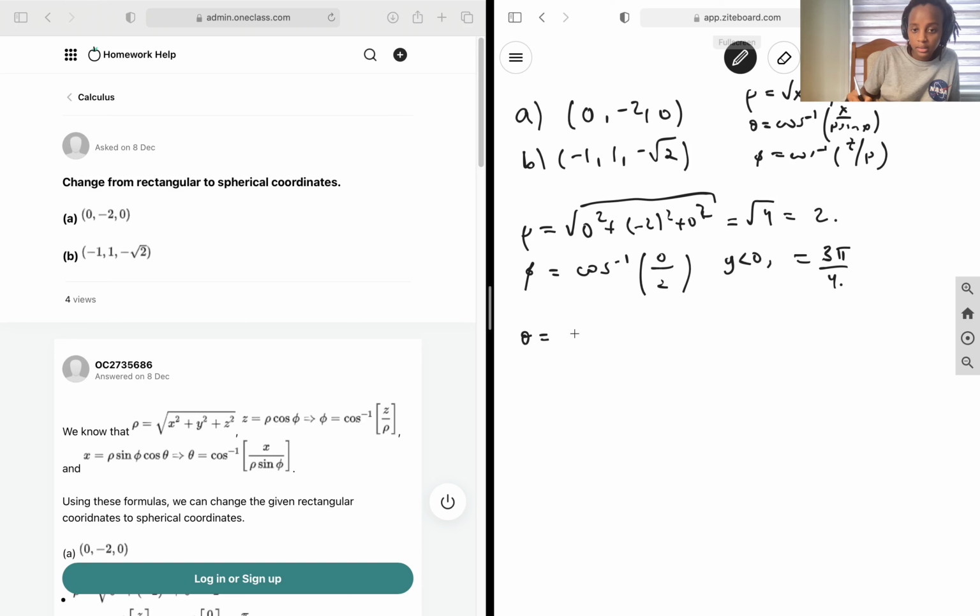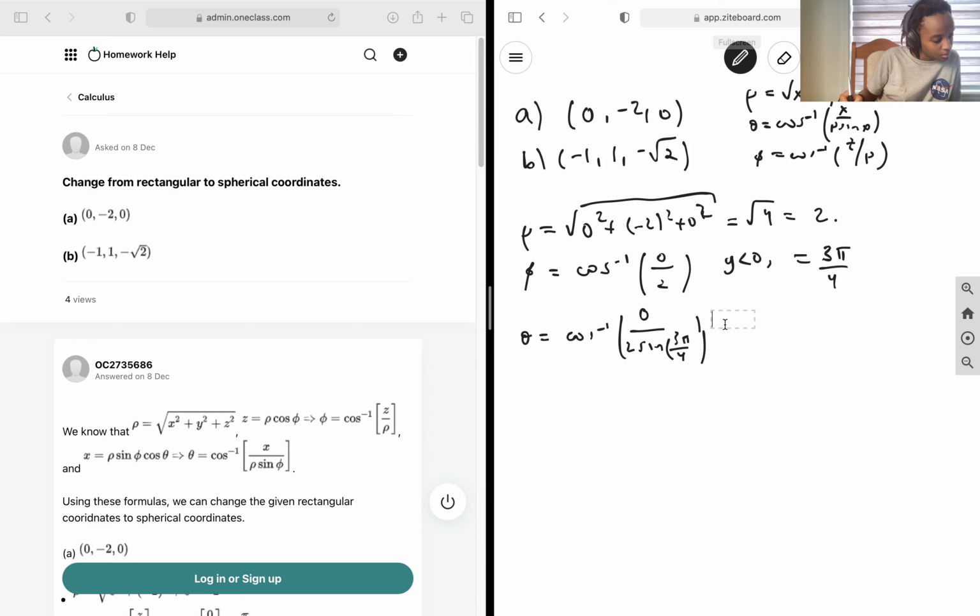And theta is equal to the inverse cos of x over rho sine phi. So x is 0 over 2 sine 3 pi over 4.